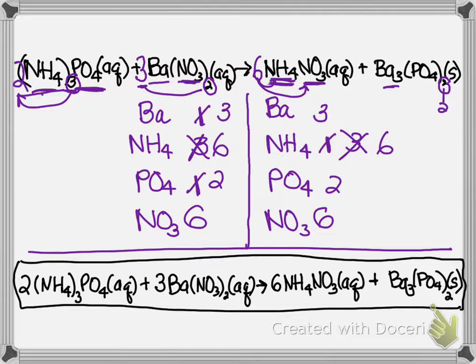A couple observations, and the products, the barium phosphate could be written first and the 6 ammonium nitrate second. It wouldn't matter. The other things, if you look at this, there's a lot of room for error.